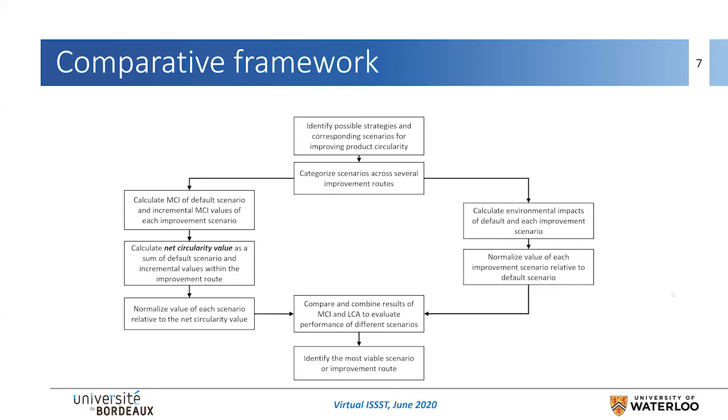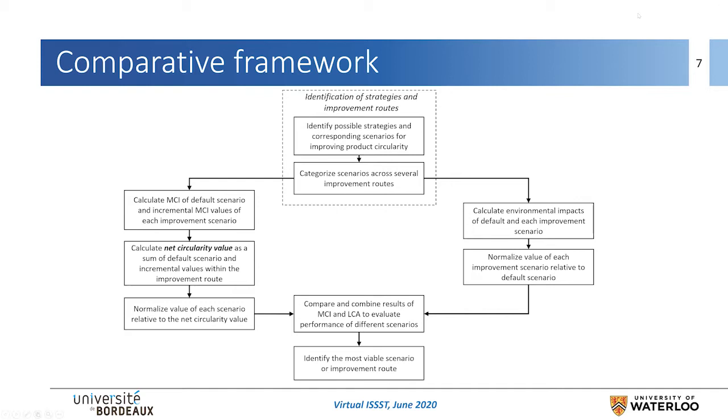So to compare these two methods and the results of MCI and LCA, we developed a four-stage process. The first one is to identify various strategies that can be applied at different stages of the life cycle of the product.